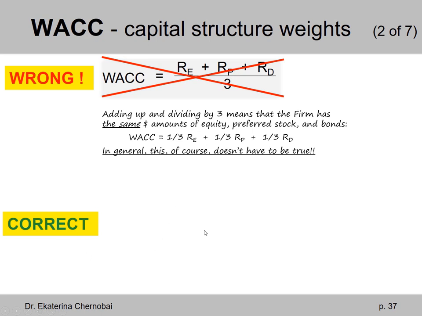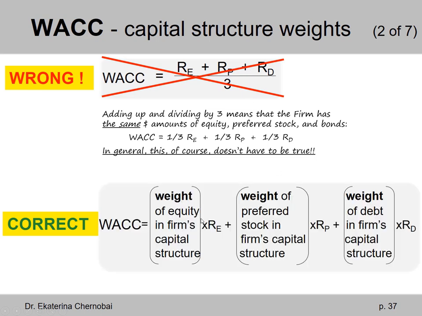So what does the weighted average mean? What would be the correct way of calculating the average of these 3 costs? We need to multiply each of these 3 costs, 3 R's, by its own weight. So the weight of equity in the firm's capital structure multiplied by the cost of equity, RE, plus the weight of preferred stock in the firm's capital structure multiplied by the cost of preferred stock, RP, plus the weight of debt in the firm's capital structure multiplied by the cost of debt, RD.